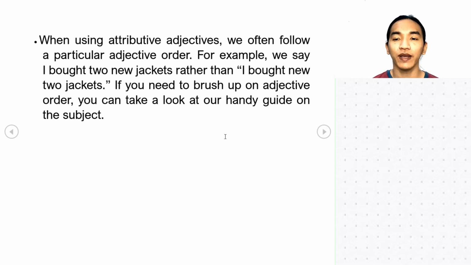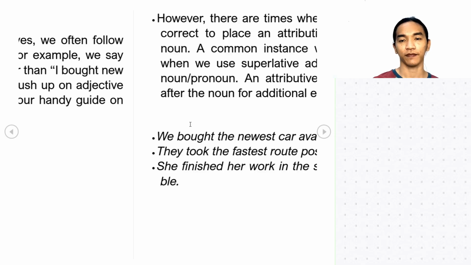Next one, when using attributive adjectives, we often follow a particular adjective order. For example, we say, I bought two new jackets rather than I bought new two jackets, okay? We will be discussing more on the order of adjectives later on, so that we understand this discussion much better.